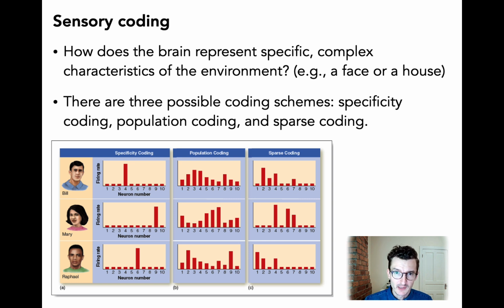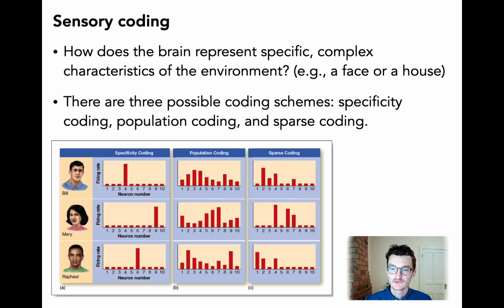Specificity coding is probably unlikely because it would mean that, for all of the things that we've encountered in our world, for all of the knowledge we know, for all of the different faces we can recognize and different things we can recognize that we see and hear and touch, there are individual neurons that reflect those perceptual experiences. So that's probably unlikely.